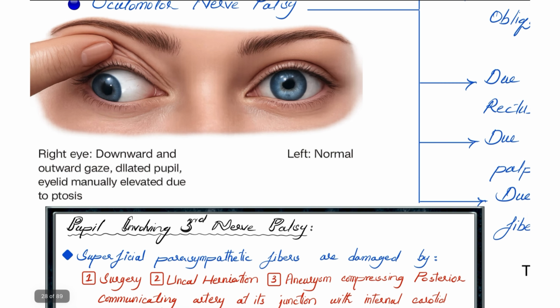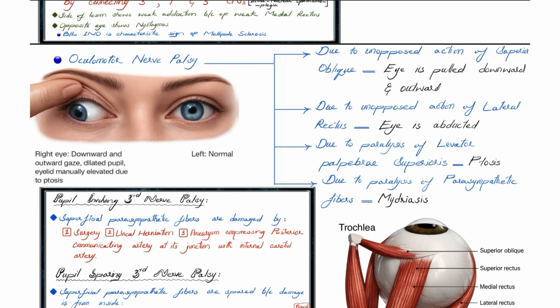As you see in the image, the right eye is downward and outward because of unopposed action of the superior oblique, and it is abducted because of unopposed action of the lateral rectus. The pupil is dilated because of paralysis of parasympathetic fibers, and the eyelid is manually elevated because of paralysis of the levator palpebrae superioris, which leads to ptosis.